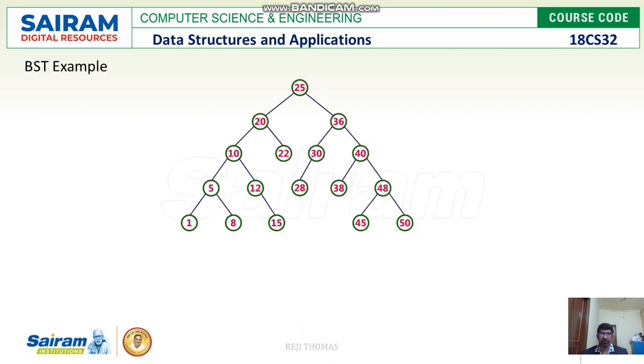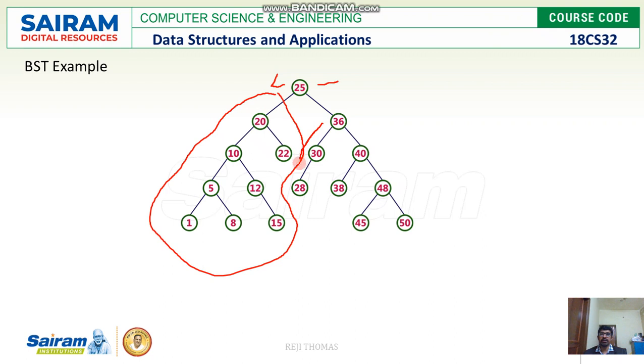Let us see an example for this. You can take any node, right from the root. 25 is the root for the given tree. If you take the root node, all the elements in the left subtree are lesser than the root node. In the same way, all the nodes in the right subtree are greater than the root node.